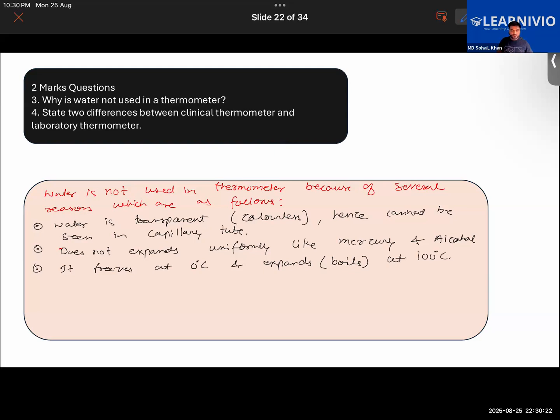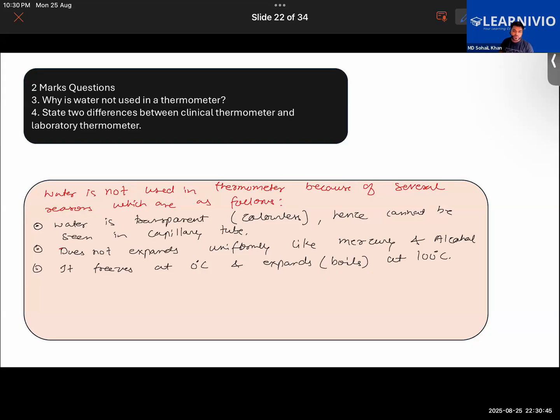We are talking about clinical and laboratory, but not about maximum and minimum thermometer. Actually, the maximum and minimum thermometer usually contains alcohol, but still we find that both laboratory and clinical thermometer contain mercury in it.